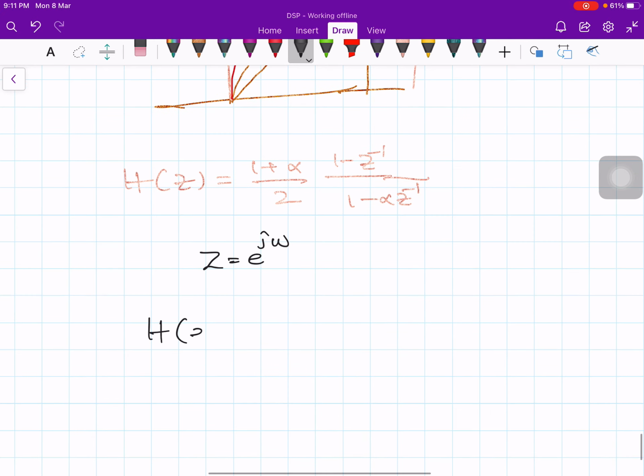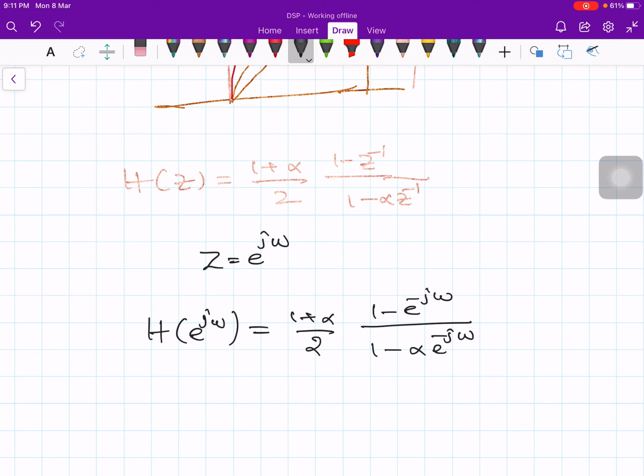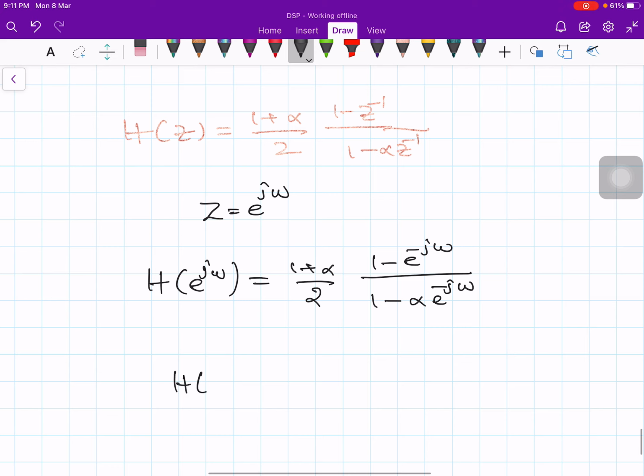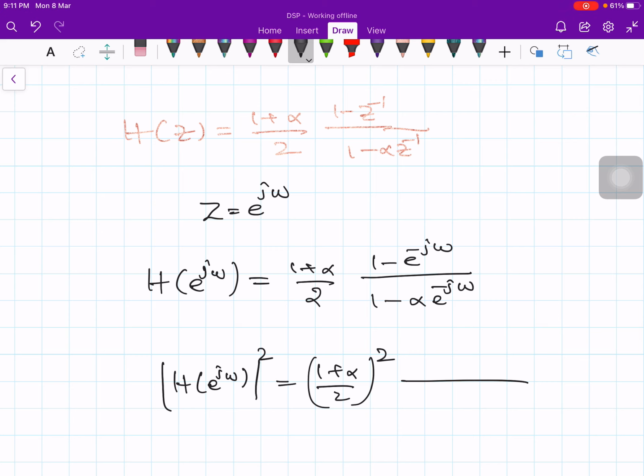So H of e to the j omega is equal to (1 plus alpha)/2 times (1 minus e to the minus j omega) divided by (1 minus alpha e to the minus j omega). Same exercise we did earlier. Then you take the magnitude square: ((1 plus alpha)/2) whole square, and here I will have (1 minus cos omega) in the numerator and (1 minus 2 alpha cos omega plus alpha square) in the denominator.